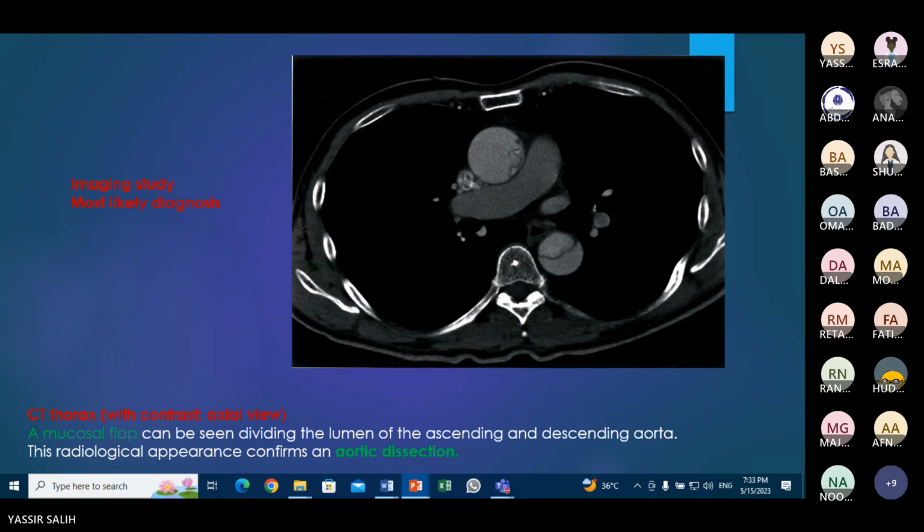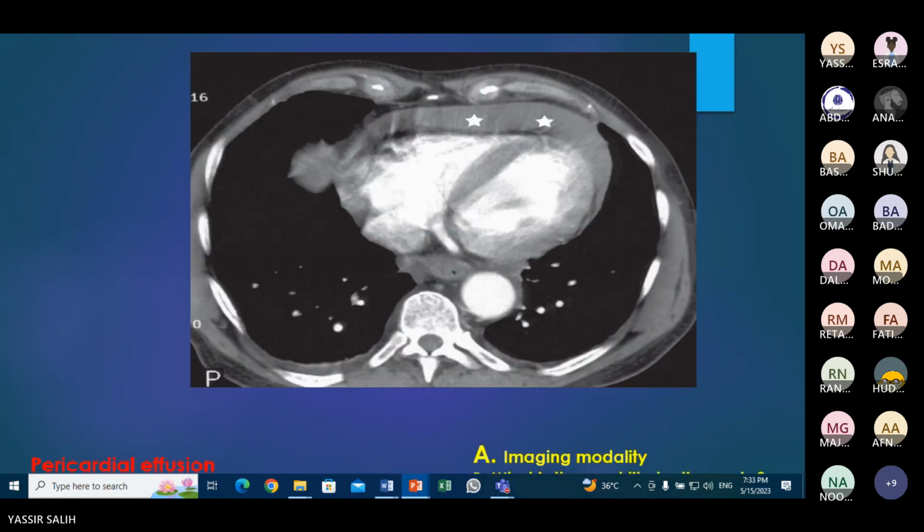What is this blood vessel? Which vessel is it? Aorta. Which part? The aorta has many parts. Descending. Is it descending?